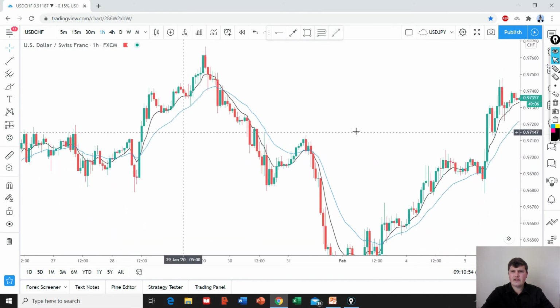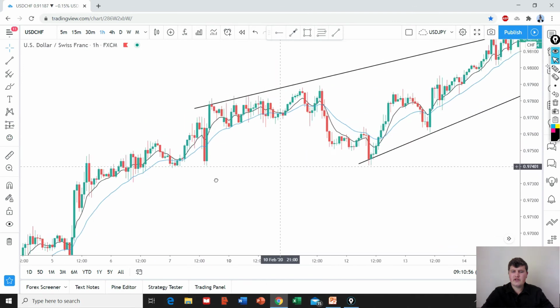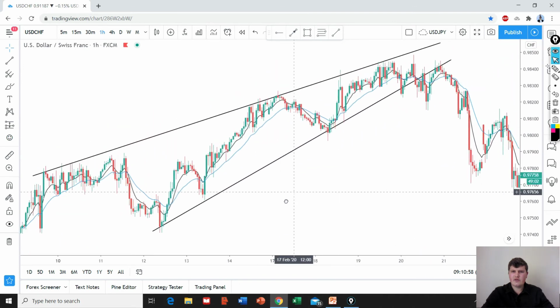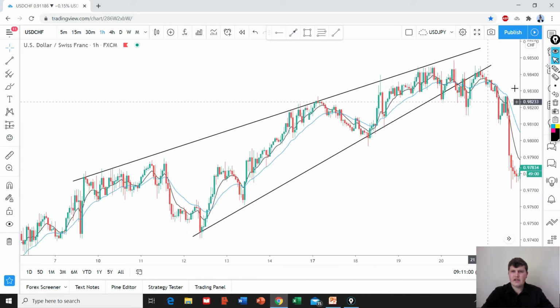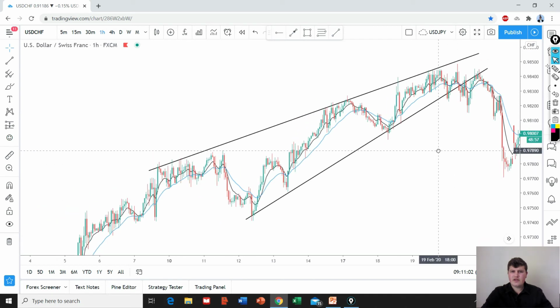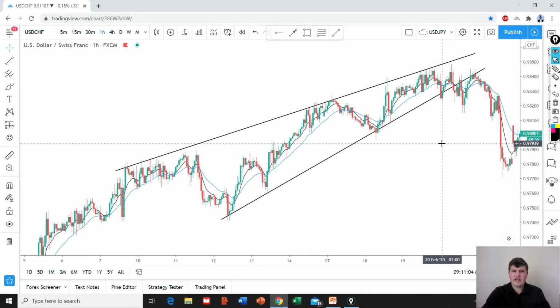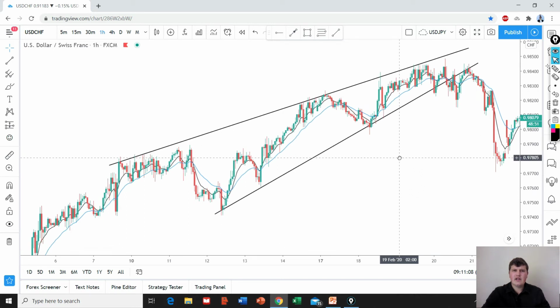Now another good chart pattern to be aware of is called the rising wedge, and a rising wedge can also act as a trend continuation or trend reversal pattern.